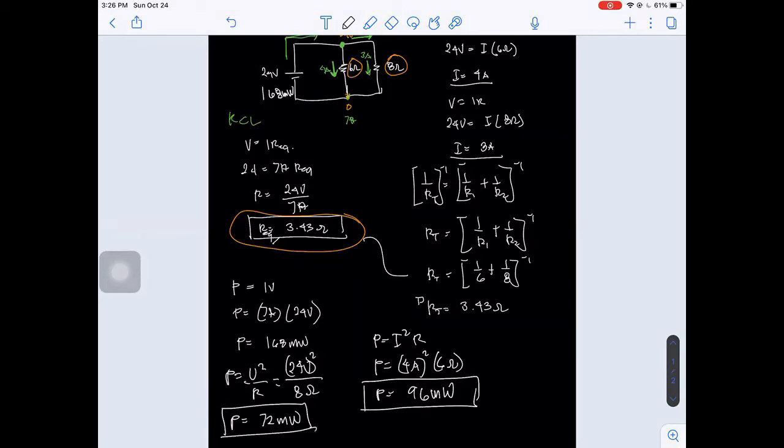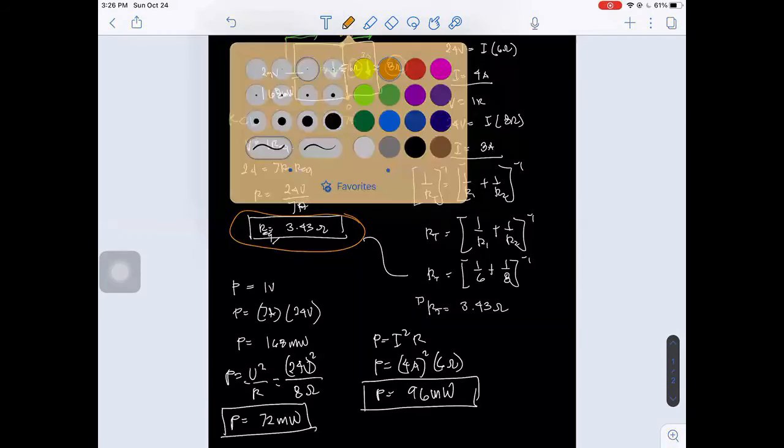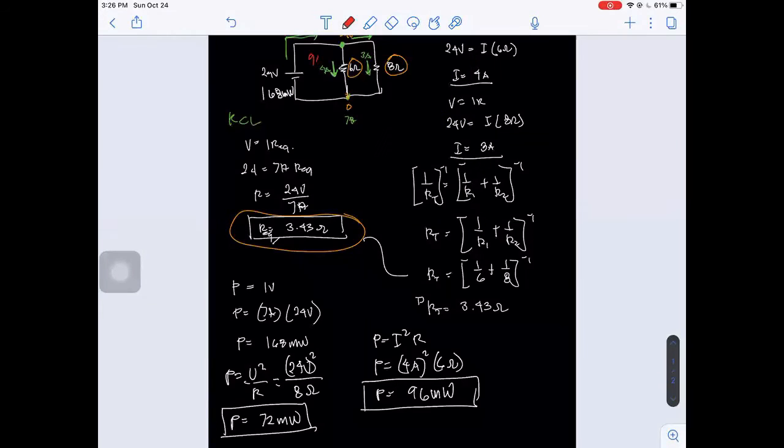So we have 96 milliwatts here, and we have 72 milliwatts. Notice that this 96 and 72 milliwatts will sum up to 168 milliwatts power delivered from the battery.